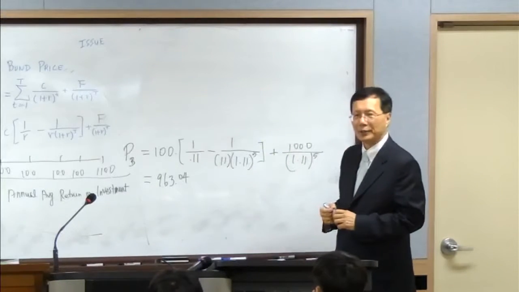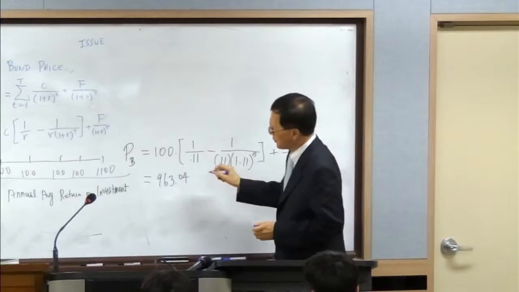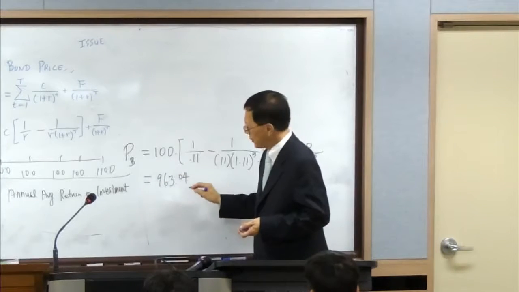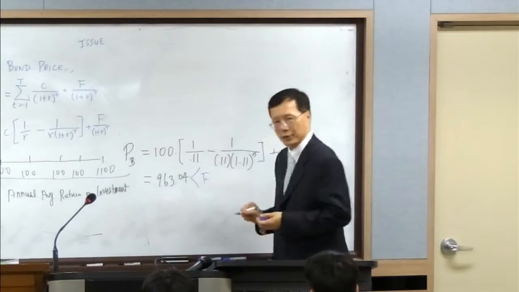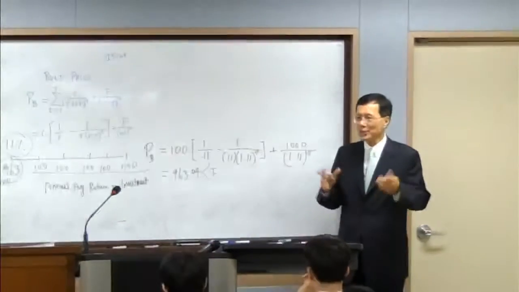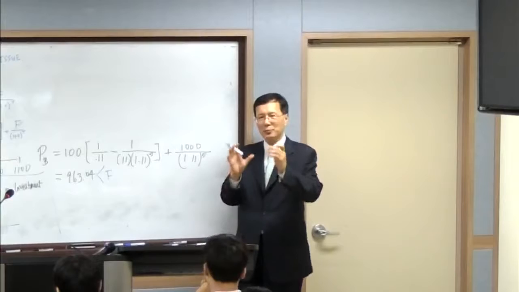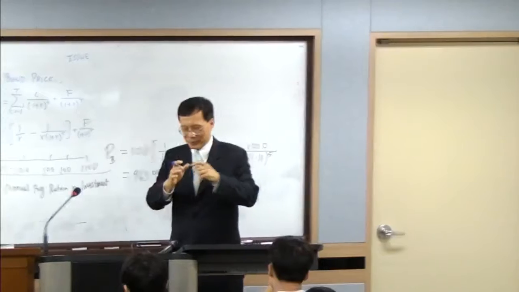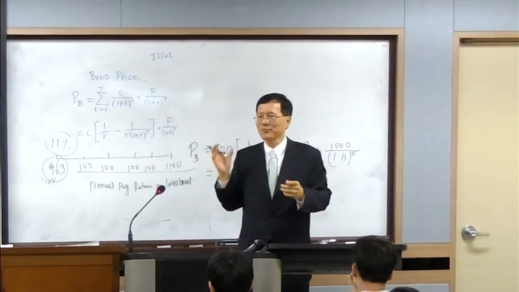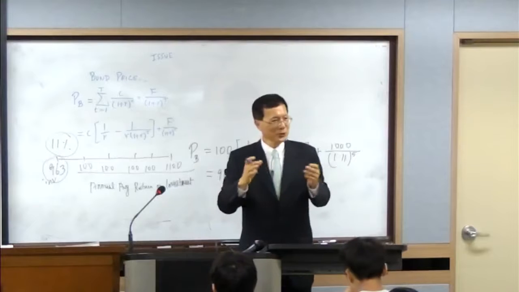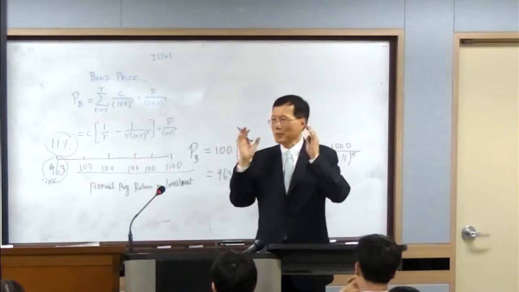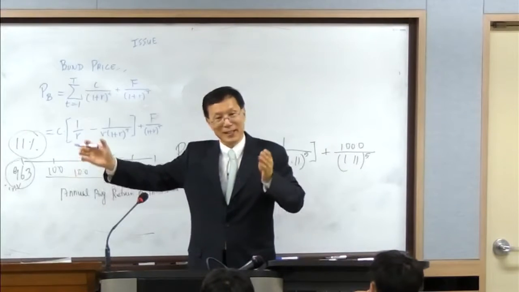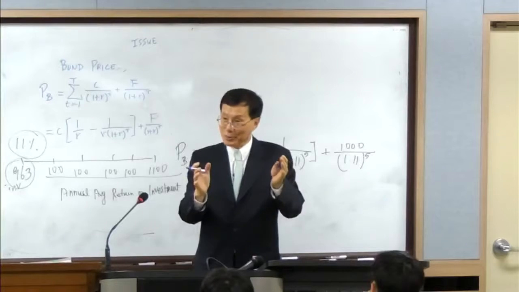This kind of bond is selling at a price that is smaller than the face value. Face value is 1,000, and it is selling at a price that is lower than the face value. You remember in the previous classes, when you deposit some amount of money in a bank account, you get fixed interest over time. And at the end, you get your deposited principal, right?